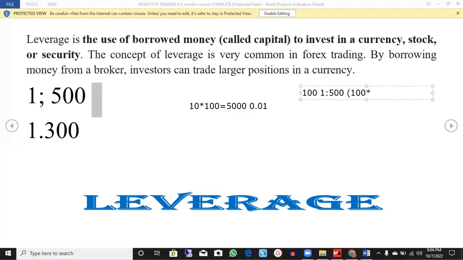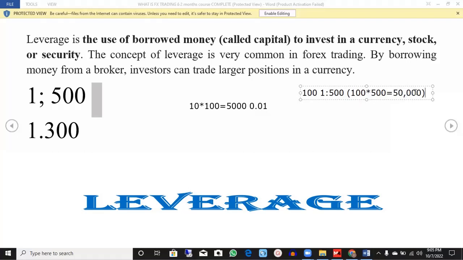So you're having a whopping sum. Let's calculate that to see what the broker has just given to you. You have $50,000 in your account. So your $100, the broker has lent you $49,900.